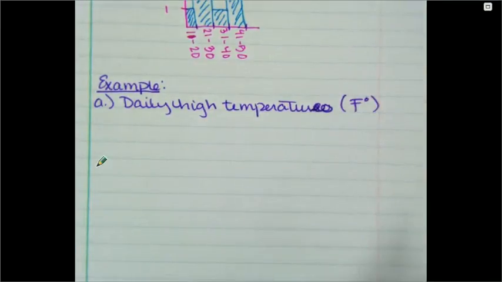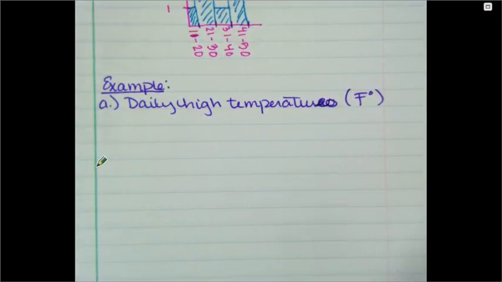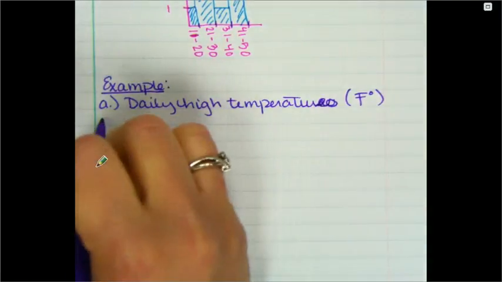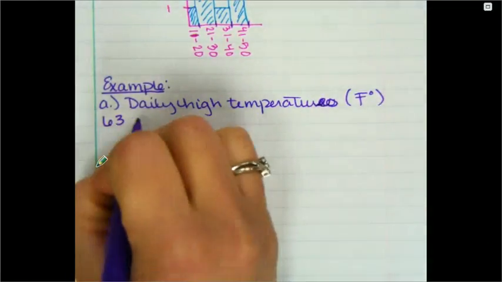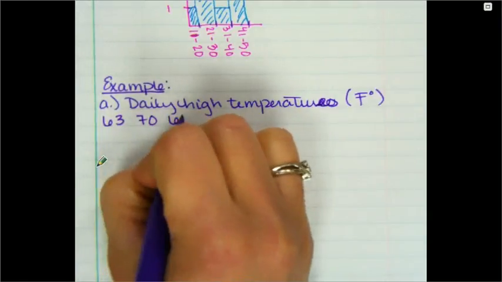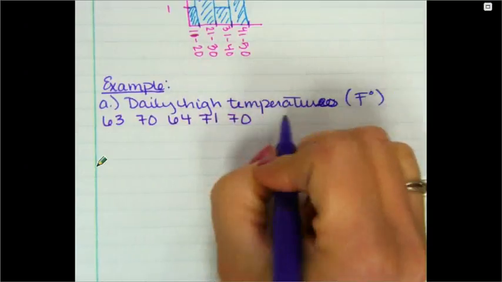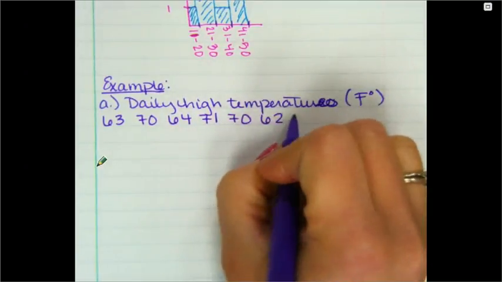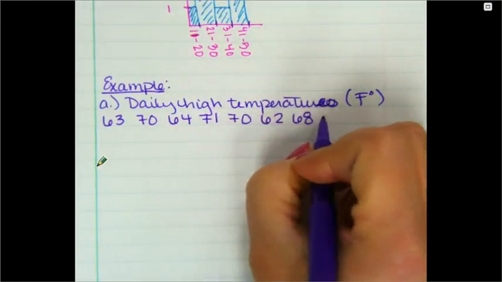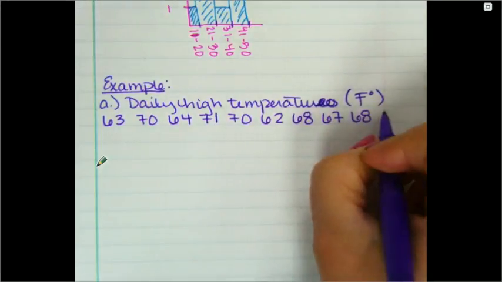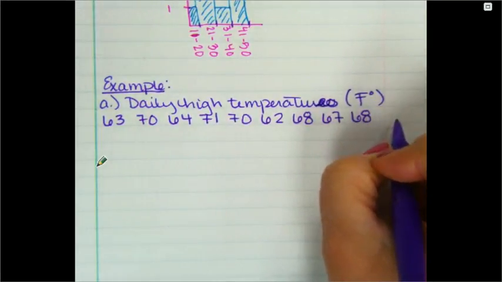Are you ready? Here comes the list. 62, 70, 64, 71, 70, 62, 68, 67, 68, 72.